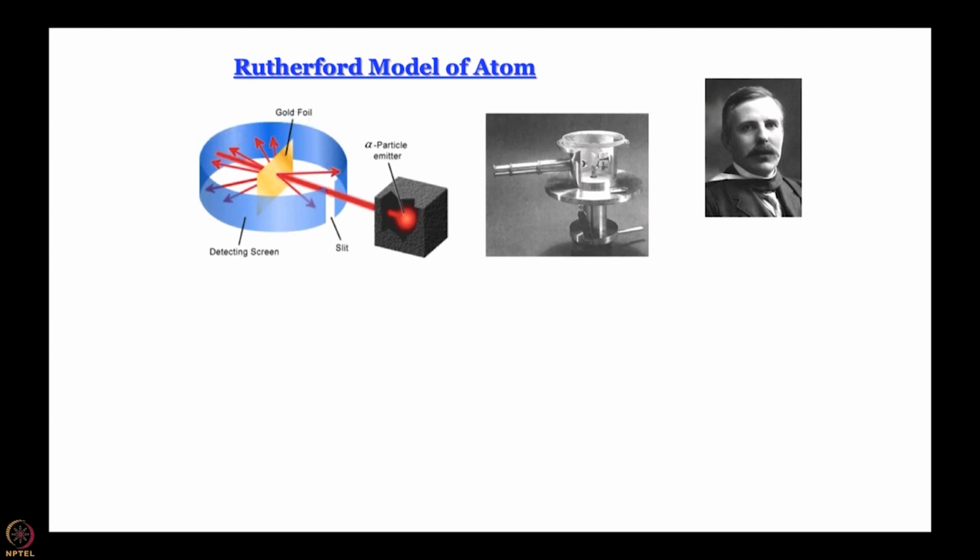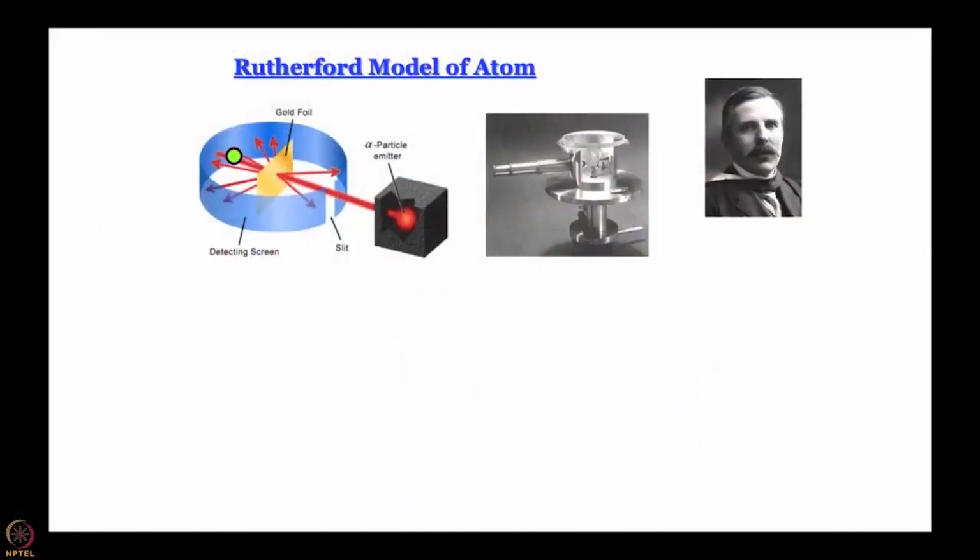Now, the idea was that a gold foil is something that is very thin. So, if you shoot alpha particles that are highly energetic at the gold foil, then everything is expected to go through. So, Marsden's job was essentially to place a photographic plate, as is shown in this cartoon.